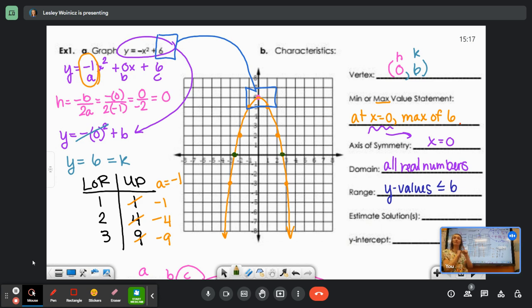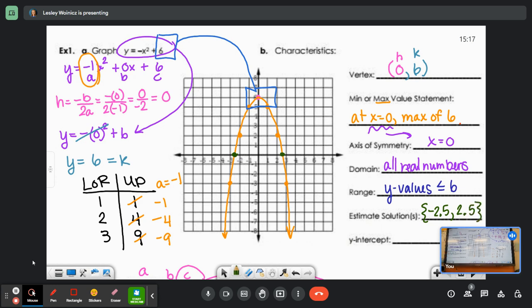Okay, so the solutions are the x values that make the y 0. So they come from our x-intercepts. They're just the x values, though, and we put them in curly brackets. So what's halfway between -2 and -3? Yeah, we can say like -2.5. It might be kind of more like -2.6, but this is an estimate, so I can say -2.5 if I want. And what's the other one?